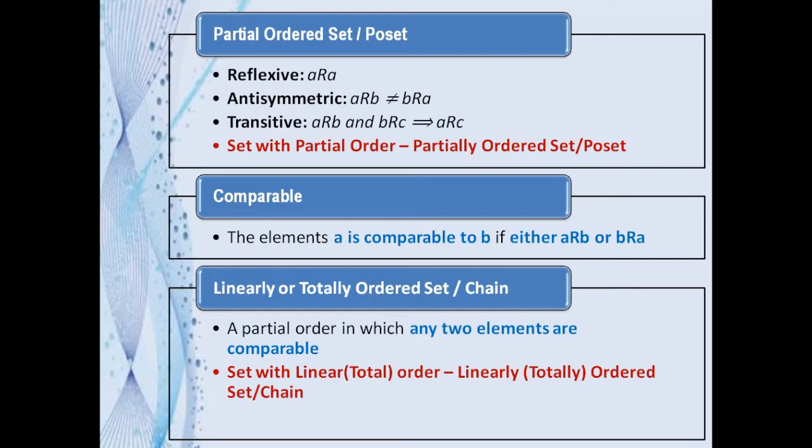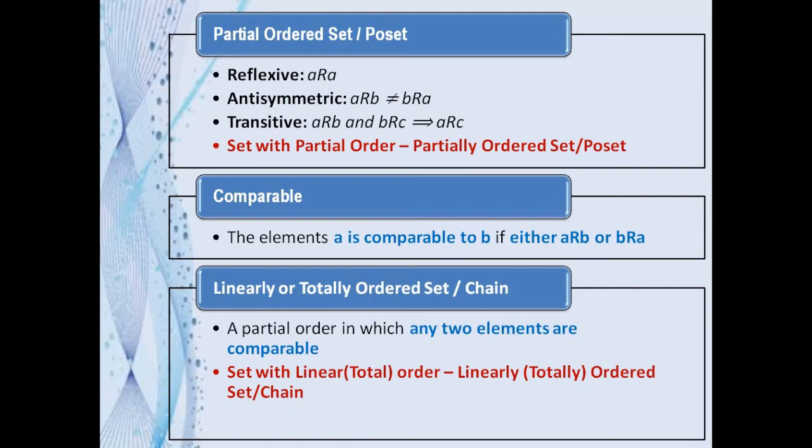It means that if A is related to B but B is not related to A, or in other words, if A is related to B and B is related to A, then both are equal. A set with a partial order relation defined on it is called a partially ordered set, or a poset.